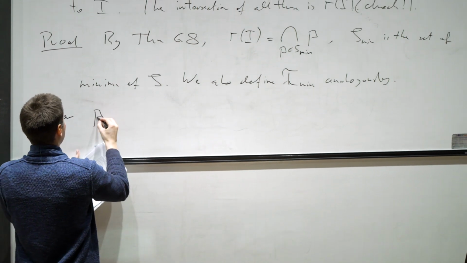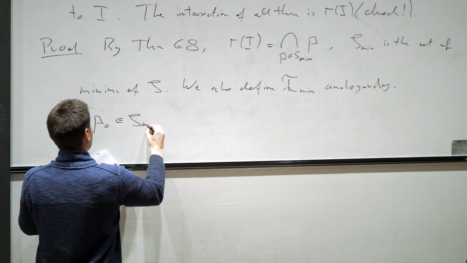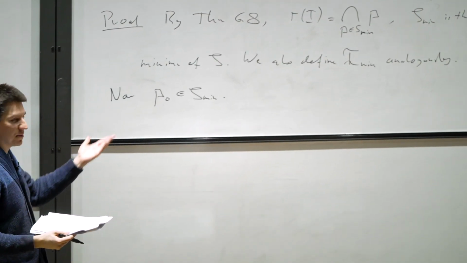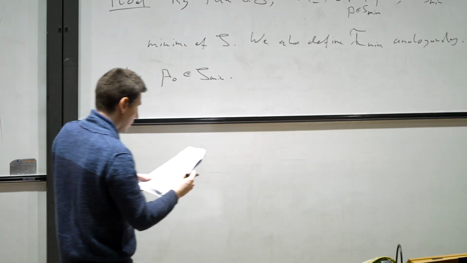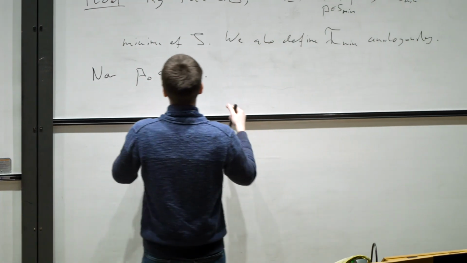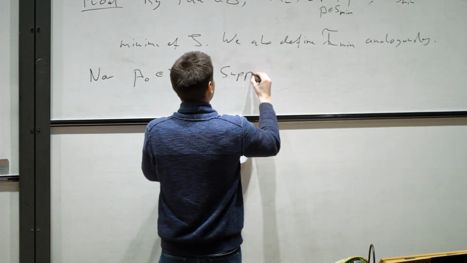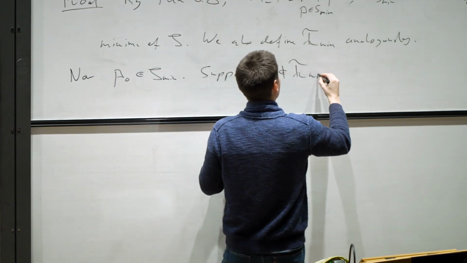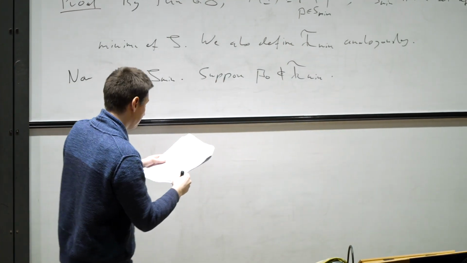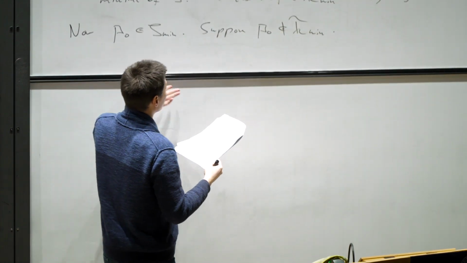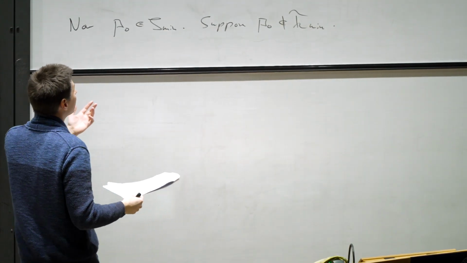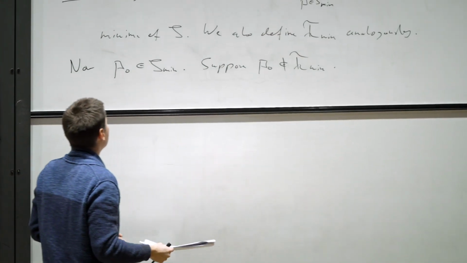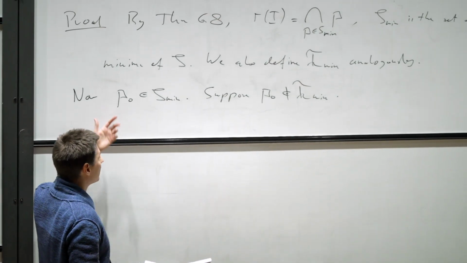Okay, so now we are starting with the proof properly. So let's take some P0 in S min. We need to show that it is in I min. That's what we need to show. Okay, and suppose that it's not in I min. It certainly sits in this intersection here. So the radical of I is inside of it, so I is inside of it as well.